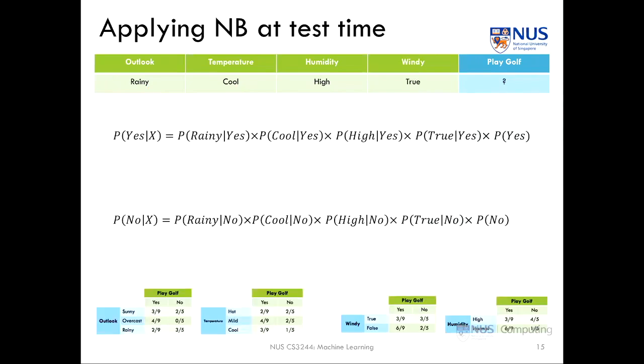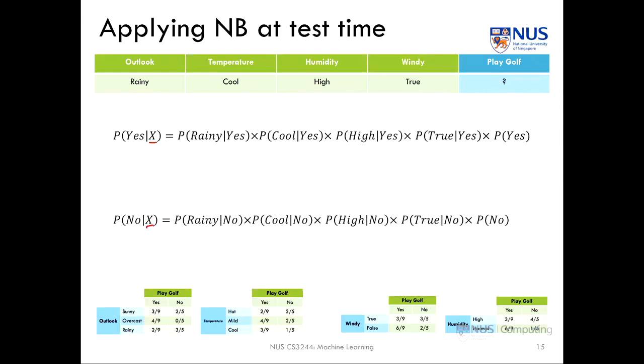How we do that is pretty simple. We're going to take that particular data instance, X, and decompose it into its component parts, where we're making conditional independence assumptions about each of the input features being independent. So we're going to calculate the probability of playing golf given that data instance, as well as the probability of not playing golf given that data instance.